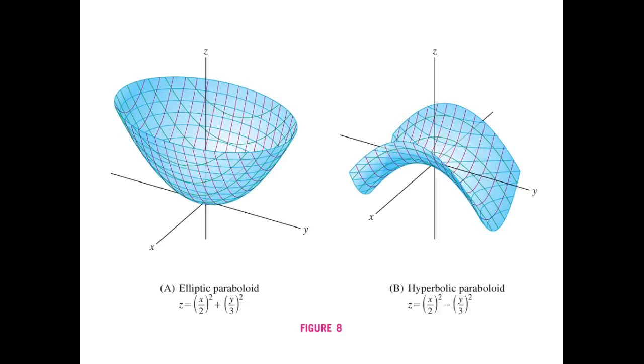You have a certain symmetry around the z-axis, but you sort of also have a symmetry around the y-axis and kind of a symmetry around the x-axis as well. So this is weird, but z is the constant here.